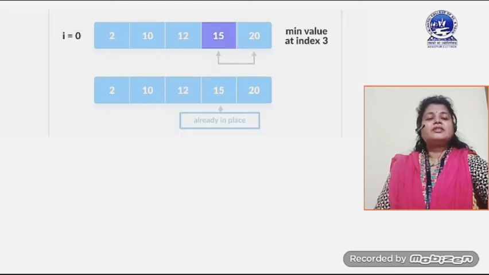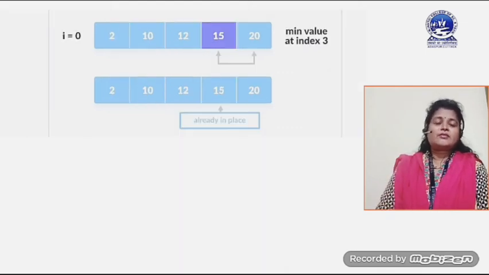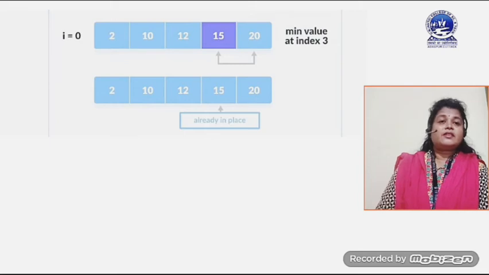Now we will go to the next iteration. Why so many iterations? Because it consists of 5 locations, that's why we continue iterating 4 times. We know that n-1 iterations are required here. Now we will take 15 and check it with the next memory location of the unsorted list, which contains only 20.